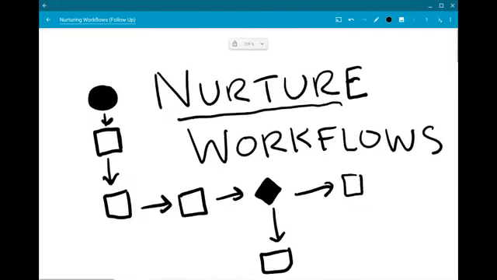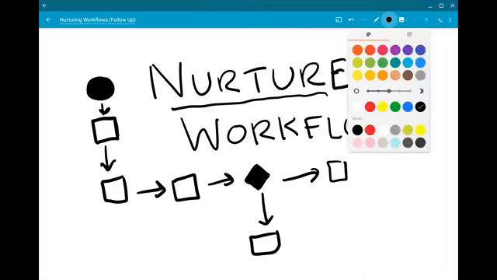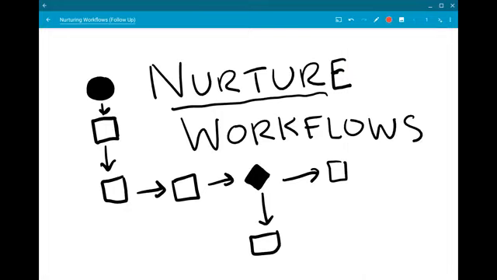And just to conclude, that is a brief recap, a brief walk through, whatever you want to call it, about nurture workflows. What you might also call sales follow-up, post-project sale. I call it nurture.